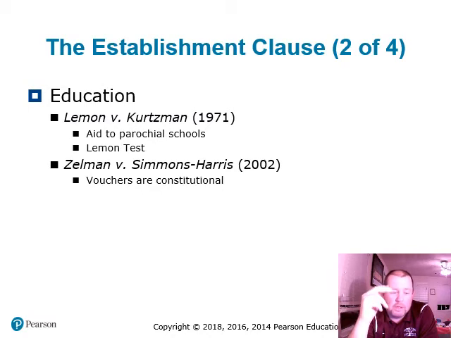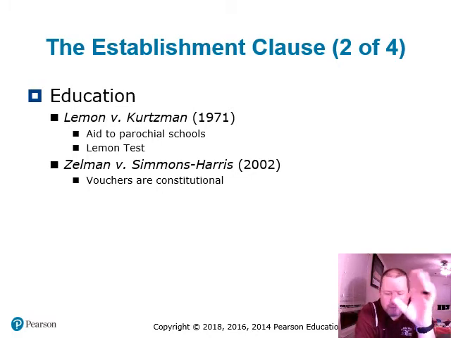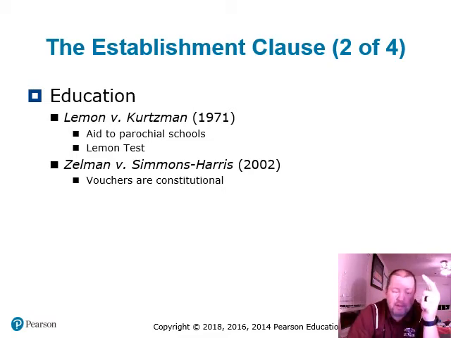And so this is in regard to aid to parochial schools. So basically the idea is, if we're going to give money to a parochial school, and a parochial school means a religious school, right? But if we're going to give money to it, does it have a non-religious purpose, right? Are we spending the money for a non-religious purpose, right? So you have to have a secular purpose. Then you can't advance or inhibit the individual religion, and then you can't have excessive entanglement.